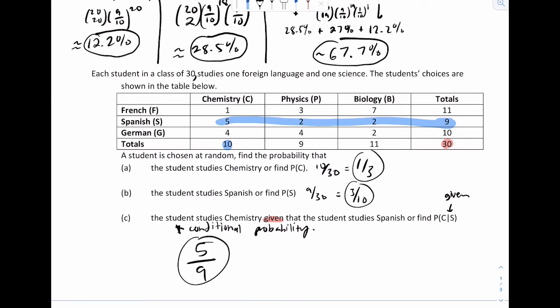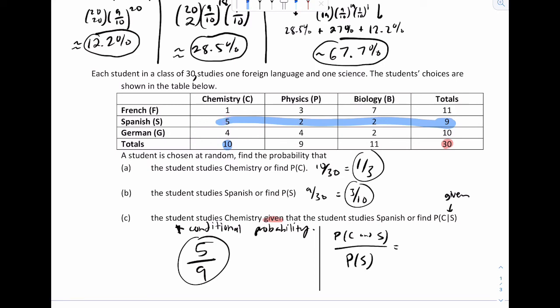And that's your answer. Now the other way to do it is this, and a little more technical. You can find the probability that they're in chemistry and Spanish and basically divide out the probability of Spanish. So for example, the chance of C and S happening, so this would be chemistry and Spanish right here.